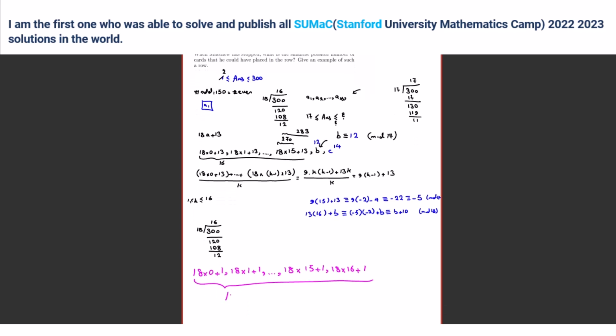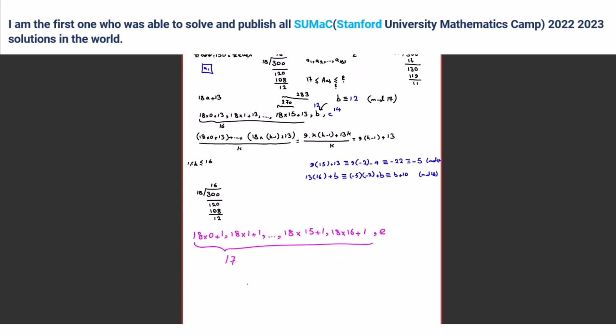There are 17. Exactly. And if you consider, for example, this number as e, these 17 elements mod 18 are what? Let's write e mod 18 should be what?